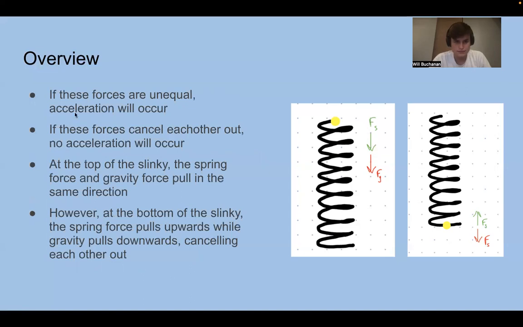If these forces are unequal, or don't balance out to a net force of 0, acceleration will occur, which is what happens at the top of the slinky. However, at the bottom of the slinky, the spring force pulls up and the gravity force pulls downward, and these forces cancel out.